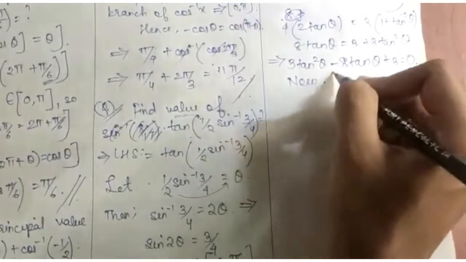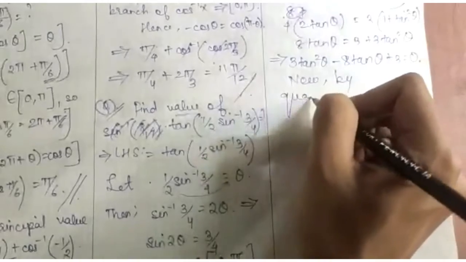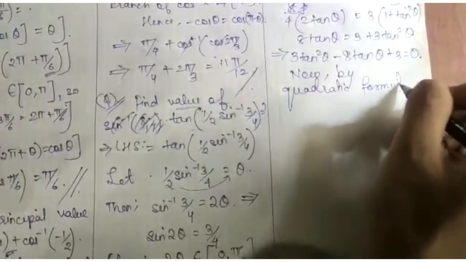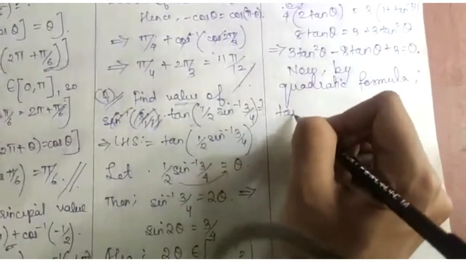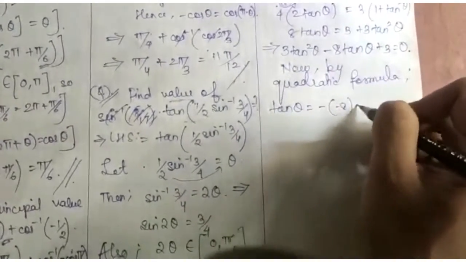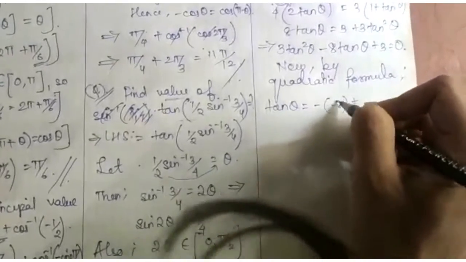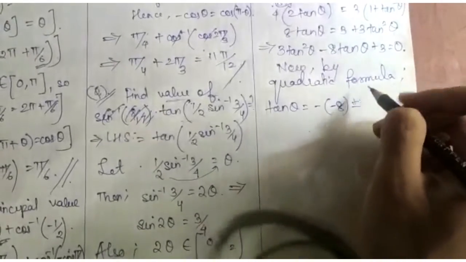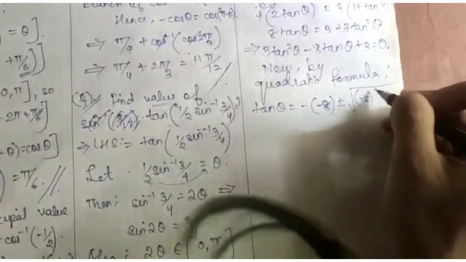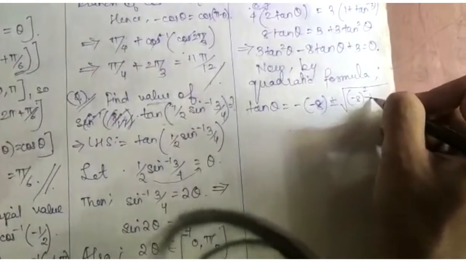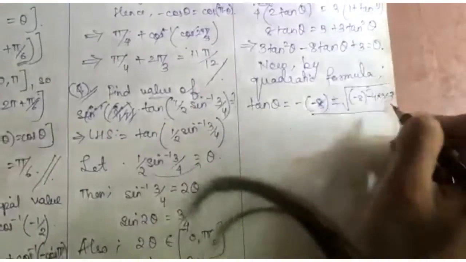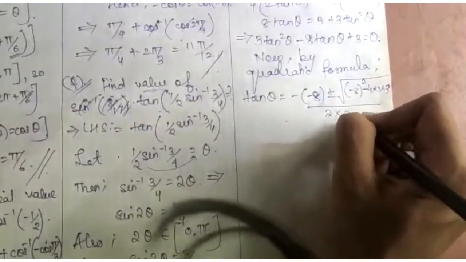Now by the quadratic formula, we get tan theta is equal to minus b plus or minus under root b square minus 4ac upon 2 times a.